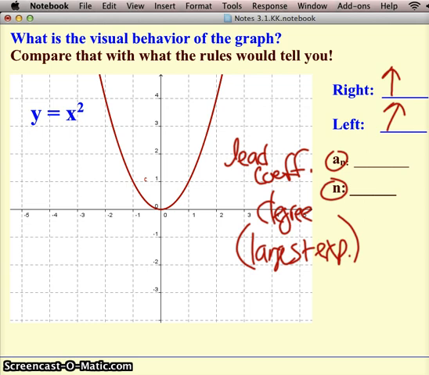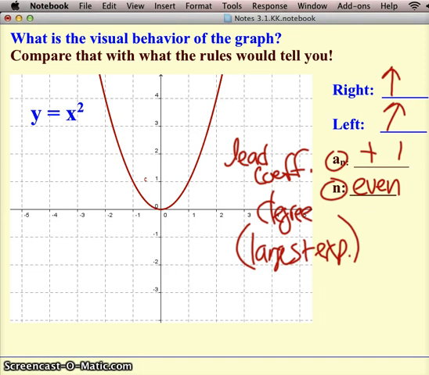So x squared would have a lead coefficient of positive 1, and it would have a degree that's even. Now, we're most concerned with the lead coefficient, is it positive or negative, because that tells us the idea of opens up, opens down. And degree even or odd, because all evens behave a certain way and all odds behave a certain way. That way we can discuss the rules in terms of lead coefficient and degree.